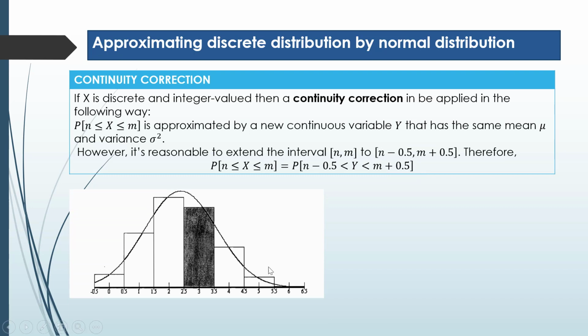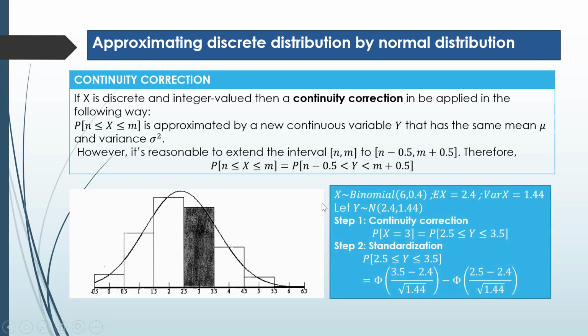For example, let's say x follows binomial 6, 0.4. So n is 6 and p is 0.4. For this distribution, if the question asks you to find the probability that x equals 3, you can use the old method, which is using the binomial mass function formula.